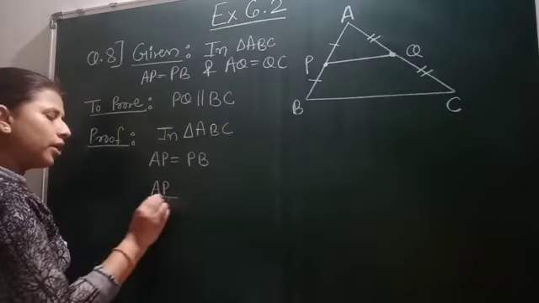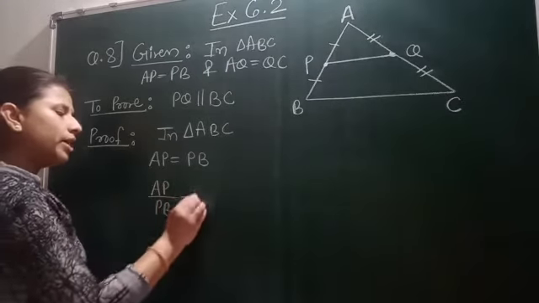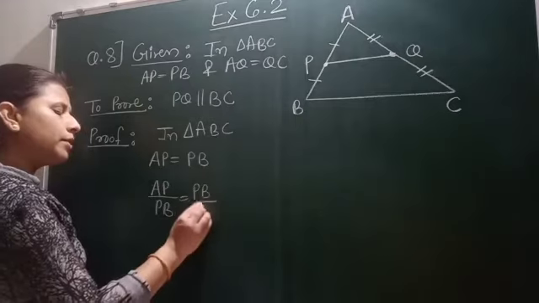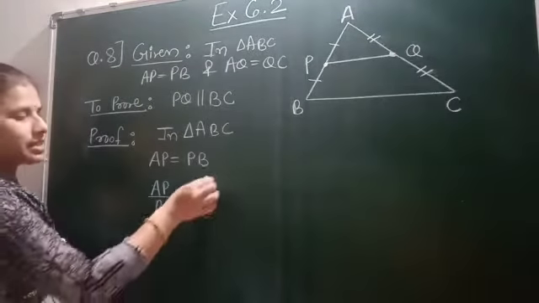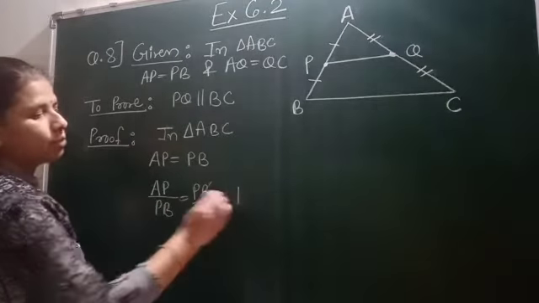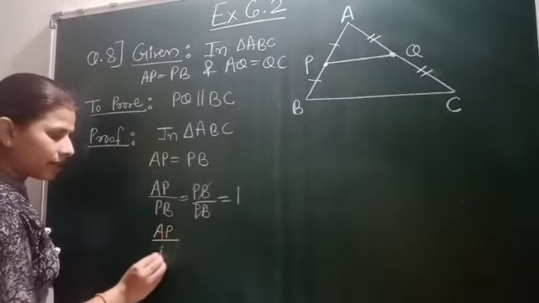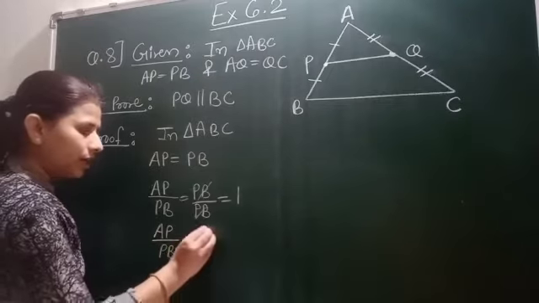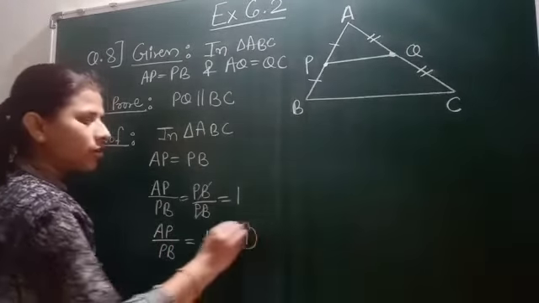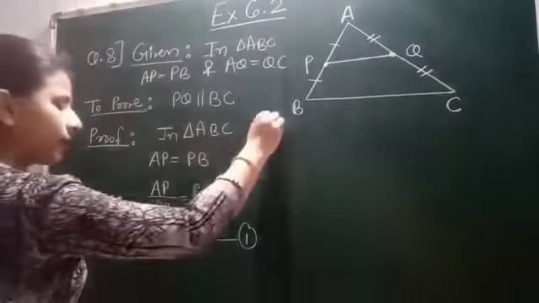AP upon PB equals PB upon PB. Obviously PB cancels with PB and we will get 1. As you can see, AP upon PB equals 1. Suppose this is our equation number 1.